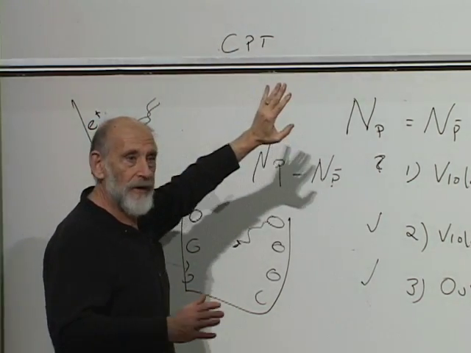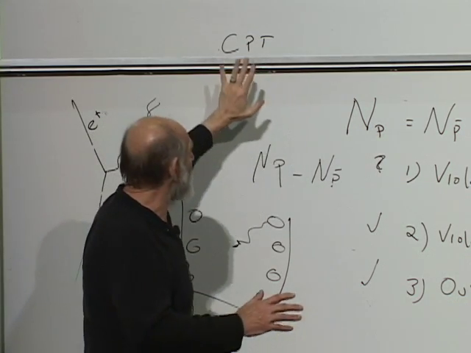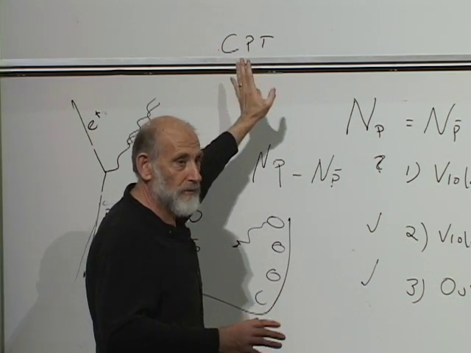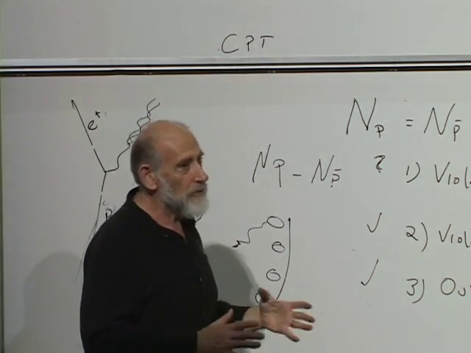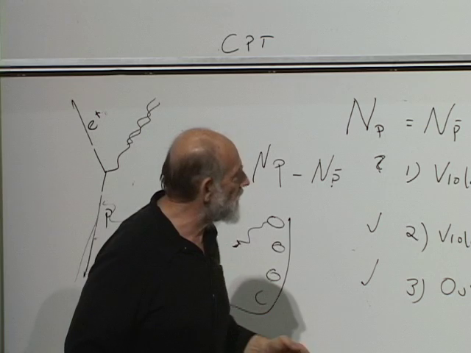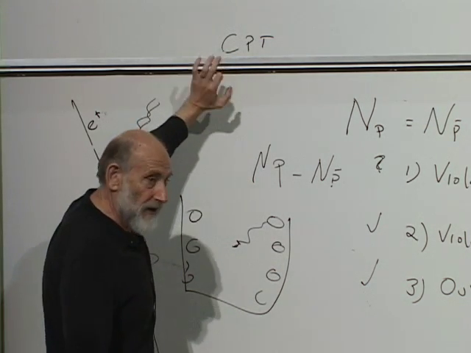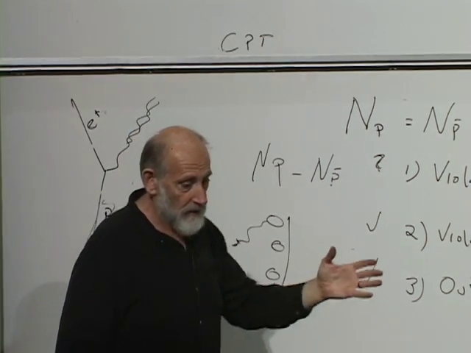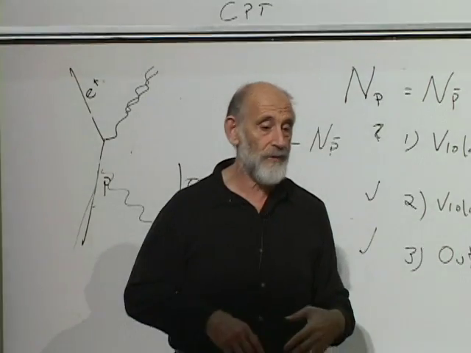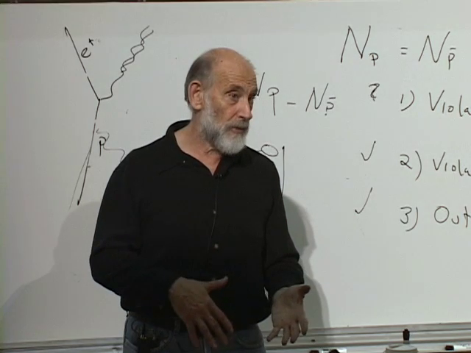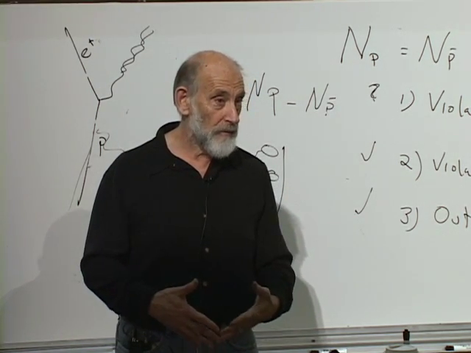While I don't think any of us can say never, CPT violation is not a possibility within the current mathematics of quantum field theory. So this is considered pretty sacred generally. That doesn't mean that the universe isn't going one way. It just means if it's going one way and you run it backward, that's also a possible world.